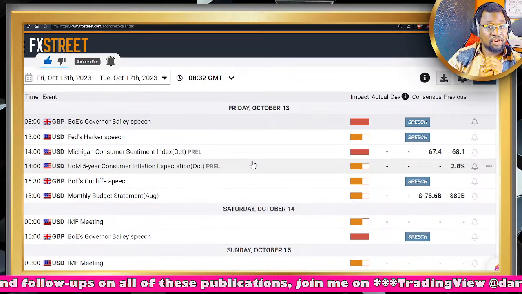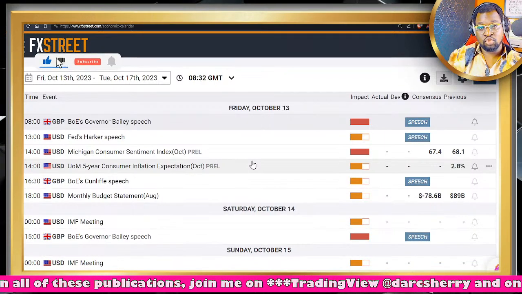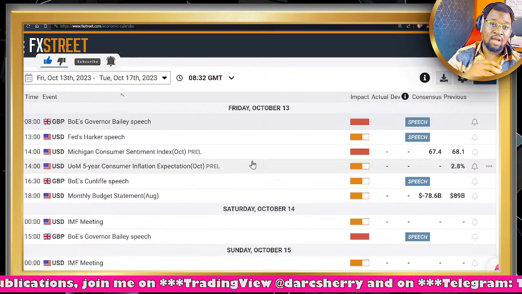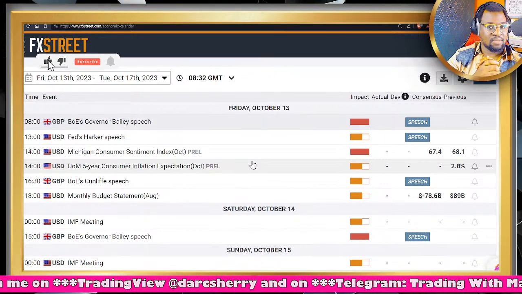This is another inflationary data which of course the Fed Reserve will be looking forward to see what this data will be like, as it has a tendency of influencing their interest rate decision coming in next month.